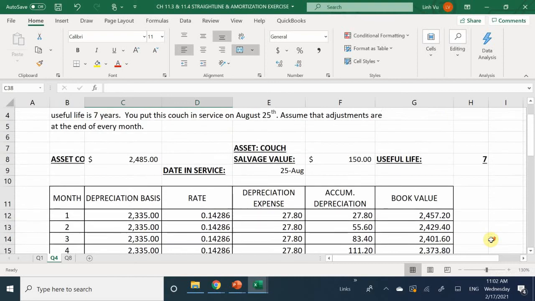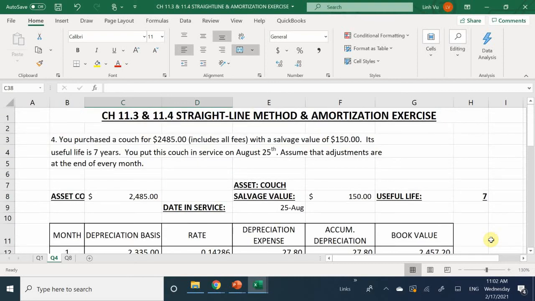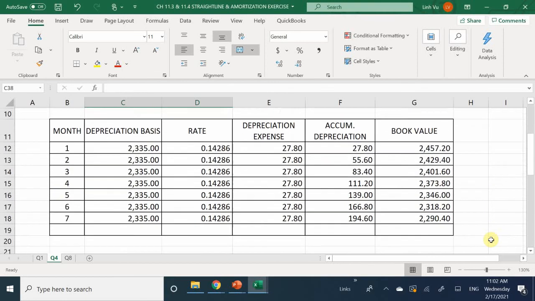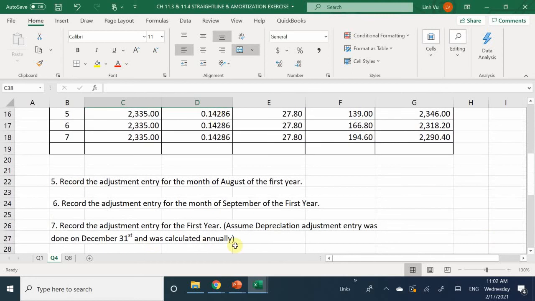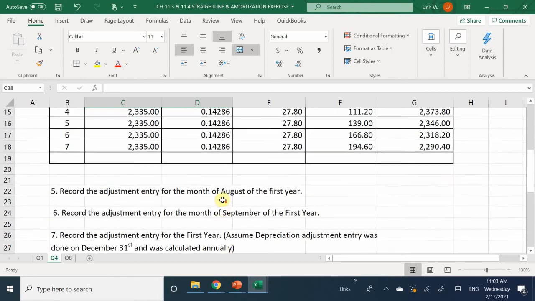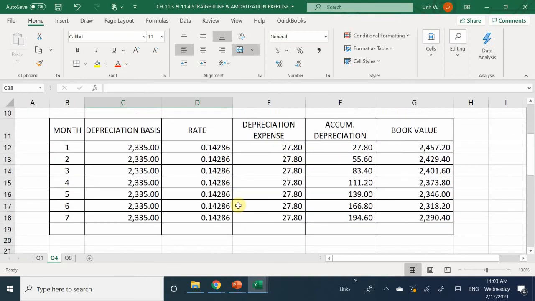Let's try that again. When did I place into service? August. Okay, it says right here that assume the depreciation entry is done at December 31st, and I'm assuming that this is based on an annual rate. So how much should my depreciation expense reflect if it's in terms of years?